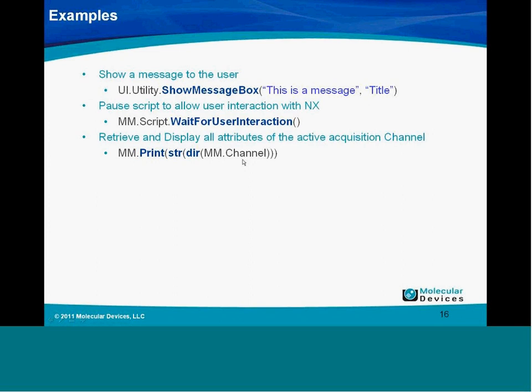So that's what the str does. Otherwise, it's a list. So it's str, string version of the list of all properties in mm.channel. Then we want to display that, and one nice way of displaying that is just by printing it to the scripting dialog. So if you want to get more information about a particular attribute or property, you can type in mm.print str dir mm.channel.